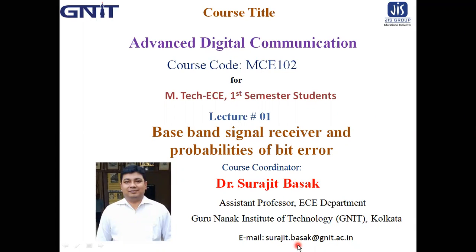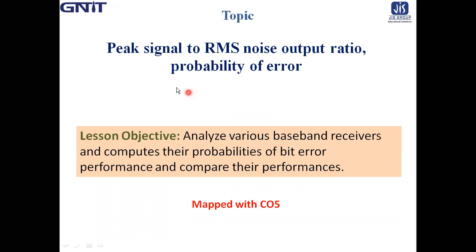Today, we are going to start a new module, that is, baseband signal receiver and probabilities of bit error. The topics for today's discussion are peak signal to RMS noise output ratio and probability of error.